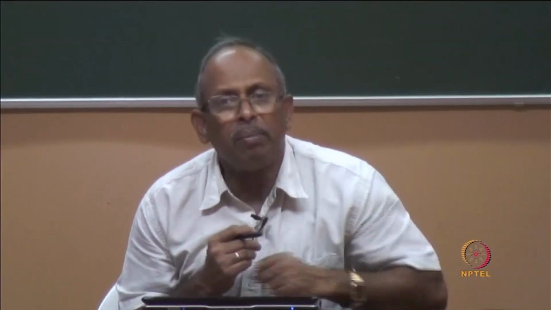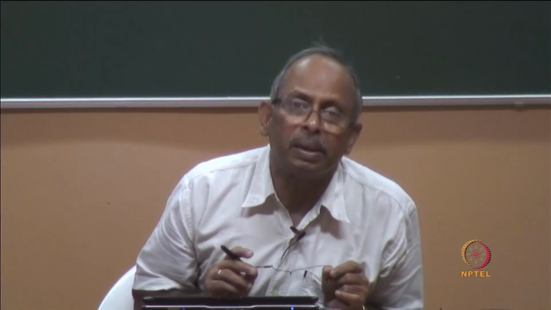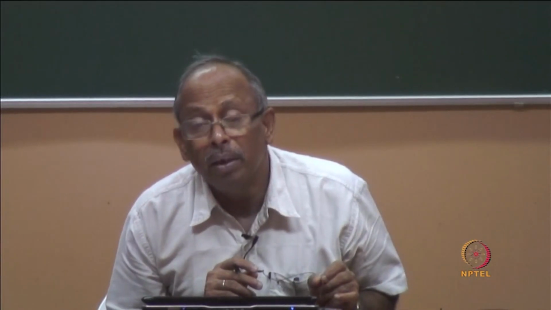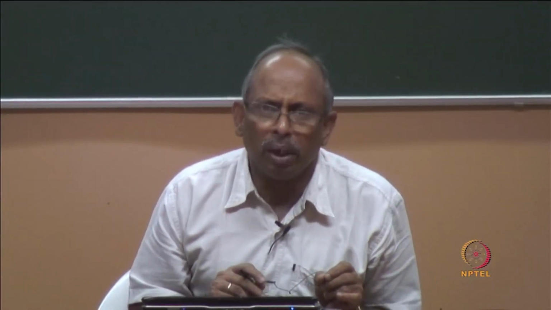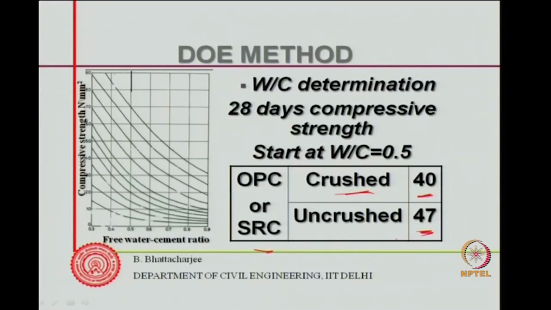The same method you can use, because it is also based on cube strength, and the same thing, fck plus 1.65 sigma. So use the same concepts which you use in the IS code, but you cast a trial mix with 0.5 water cement ratio, with your cement, with your aggregate, etc. So, the starting point will be at 0.5 water cement ratio.